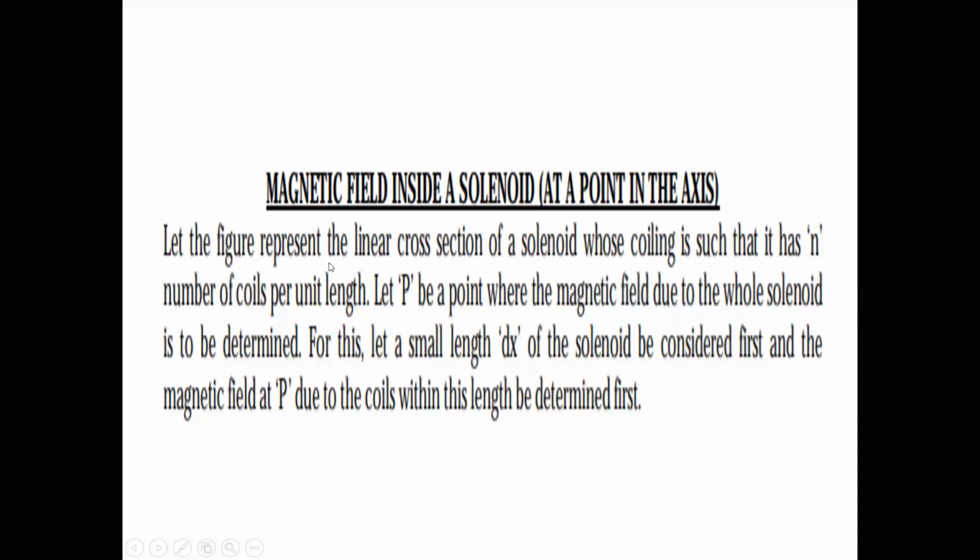Let the figure represent the linear cross section of a solenoid whose coiling is such that it has n number of coils per unit length. Let P be a point where the magnetic field due to the whole solenoid is to be determined. For this, let a small length dx of the solenoid be considered first, and then we have to calculate the magnetic field intensity at the point P due to the whole length.